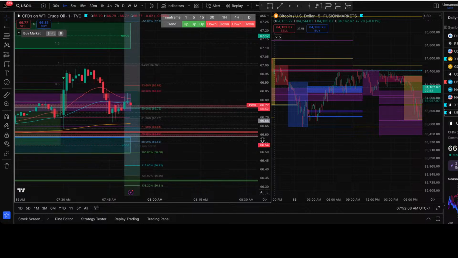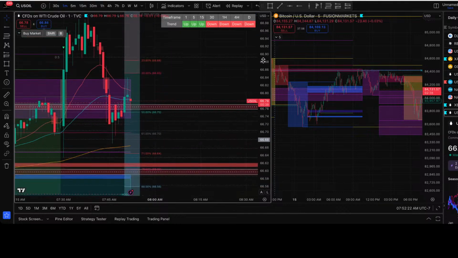Still no fair value gap presented. So no 1M fair value gap here yet.